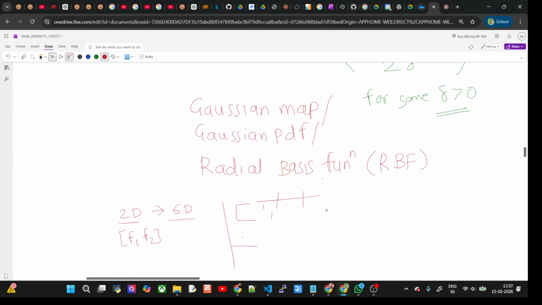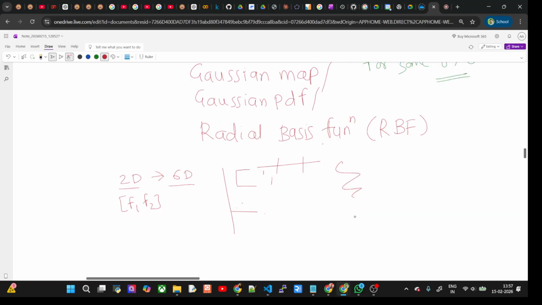The coming things are important. Our break is postponed, so let's do that. In 6D, we know now f1 square, f2 square, 1, f1, f2, and then f1 f2. These are the 6 dimensions.